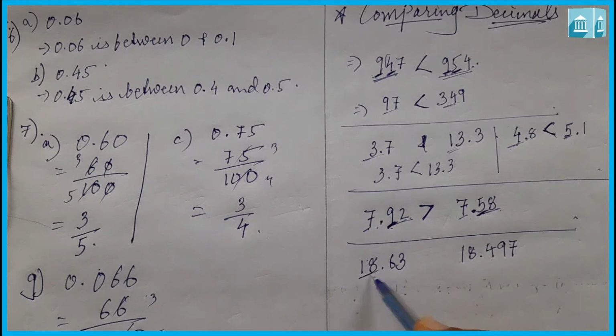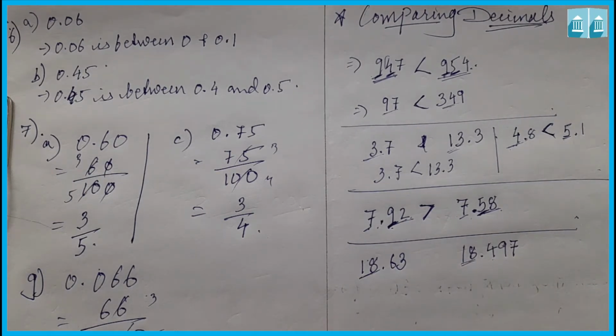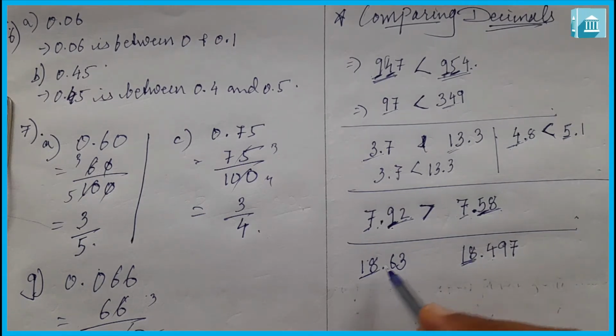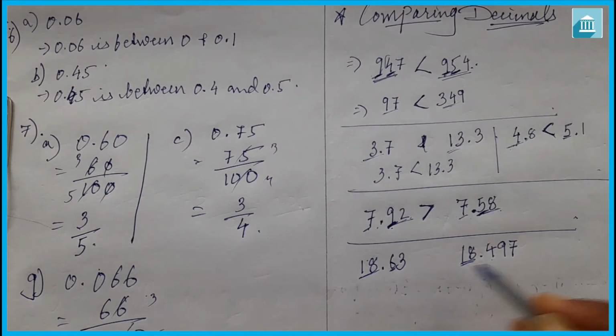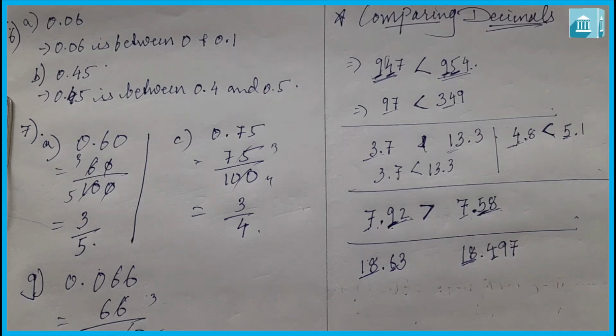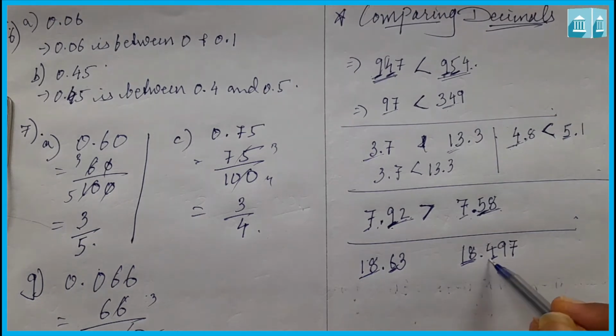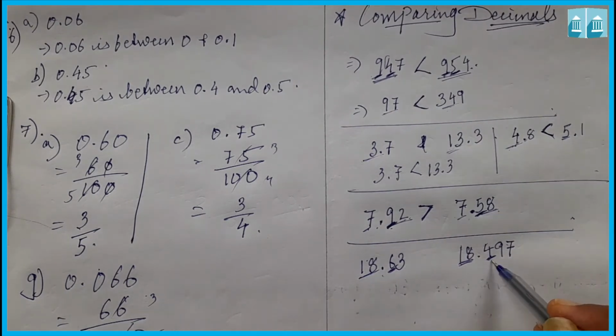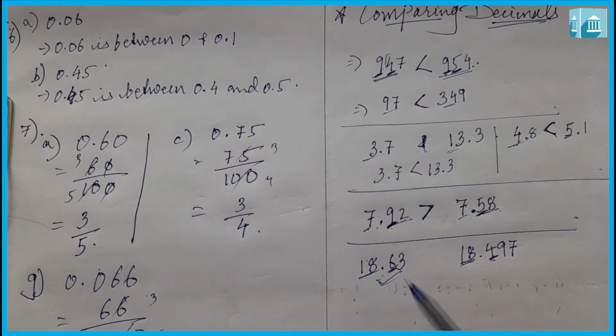First we will see, here it is 18, here also it is 18. So these both are the same. Now we will see the first digit after the decimal point. This is one method. Here it is 6, here it is 4. Means definitely this number is greater.